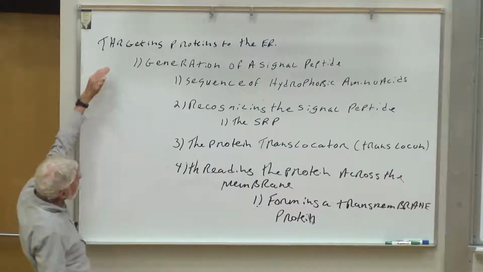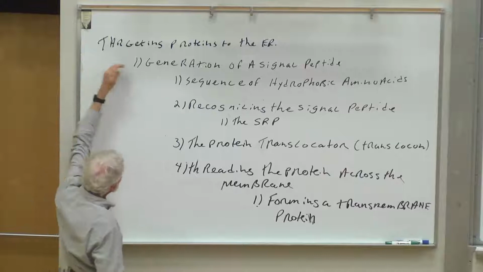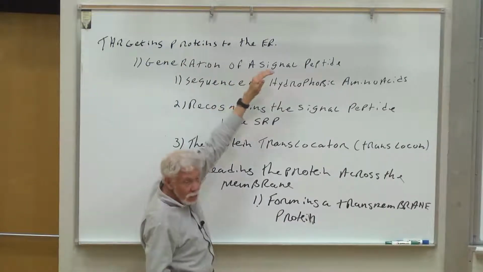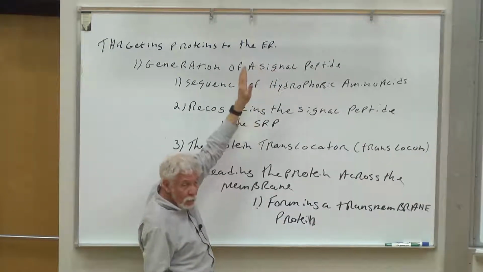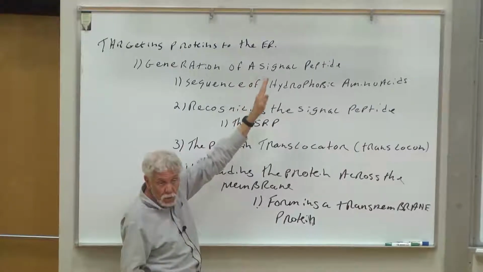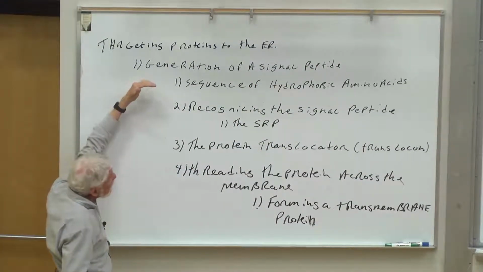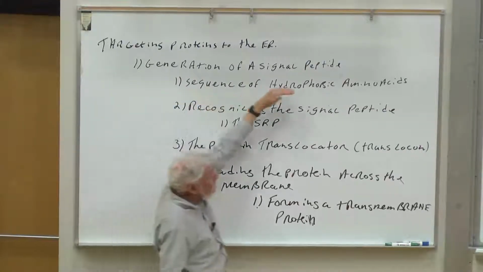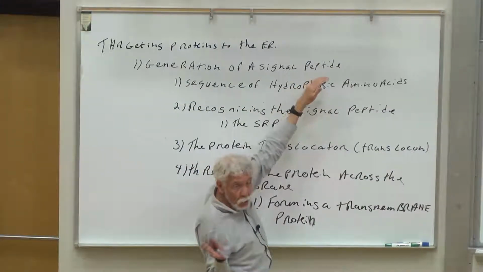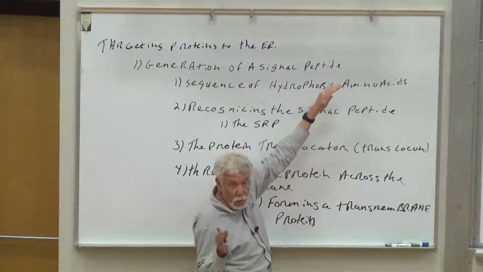And we're going to start here with the idea of targeting proteins to the endoplasmic reticulum. There are a couple of fairly straightforward rules for this. The first is the generation of a signal peptide, usually the first 20 or so amino acids of the protein.